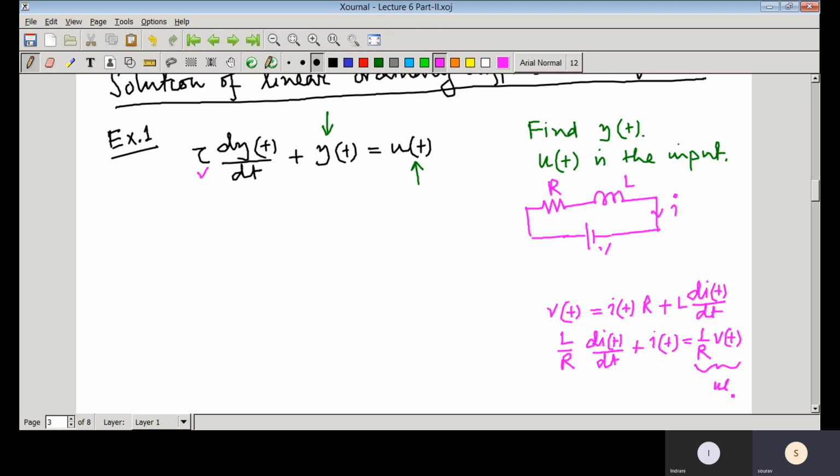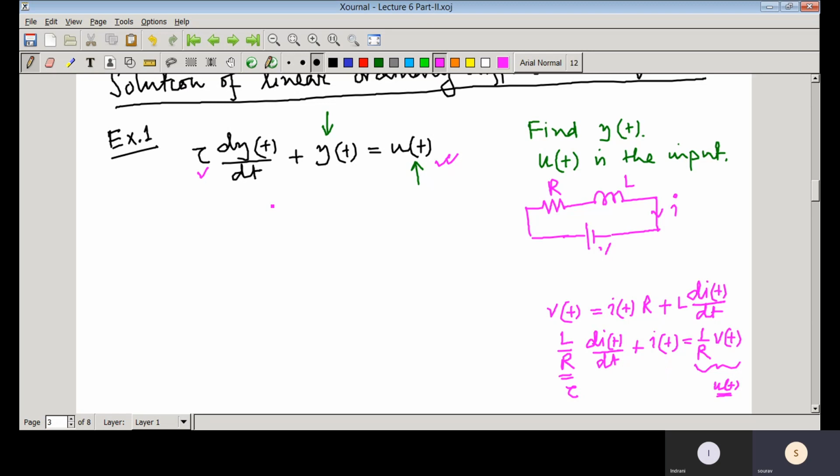If you represent this whole right side as u(t), this L/R is just tau, and this i(t) equal to y(t). Then you can see that this particular differential equation is coming in this particular form.